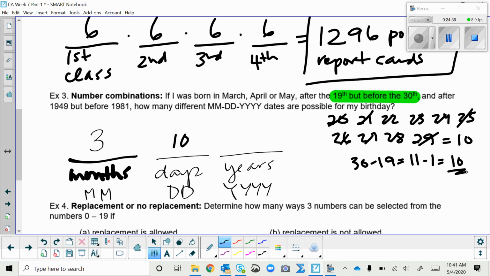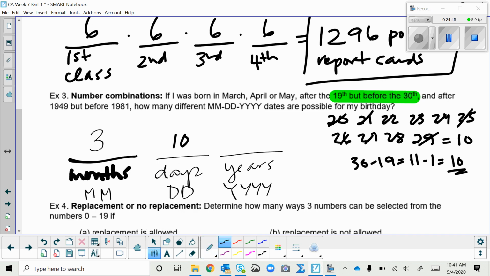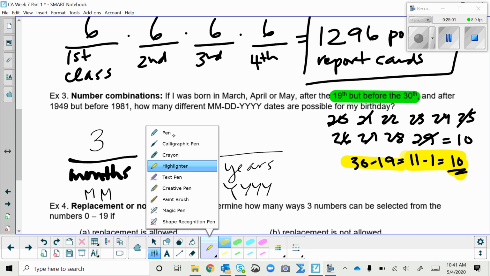So let's do the same thing for the years, because we just discovered this pattern. Subtract the end dates, and then one more to get the actual number you need. Because look at this.